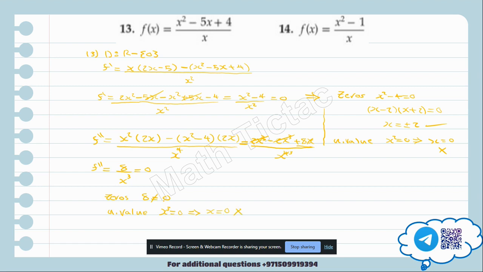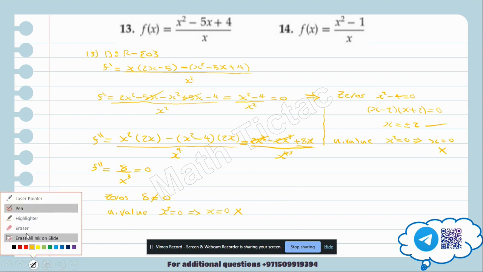So this is going to be rejected because it's excluded from my domain. Now to find the concave up and concave down intervals, even though 0 is excluded, you can put it on the number line, but you will not take it as an inflection point. Be careful about that. It's just to test where it is concave up or concave down. That's the concept.